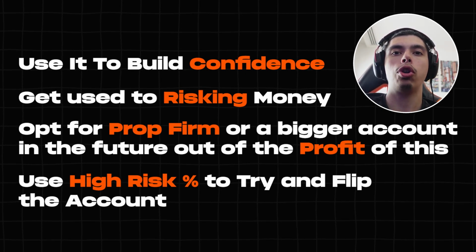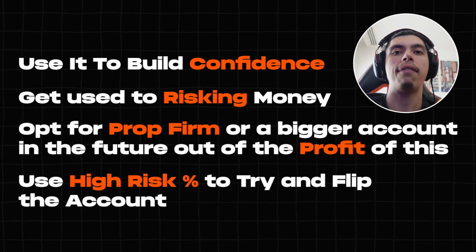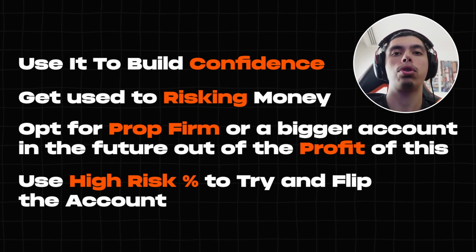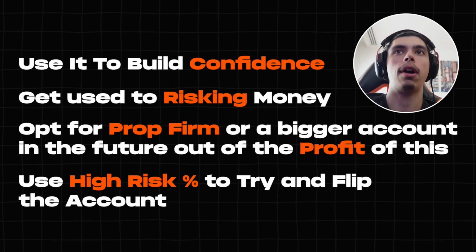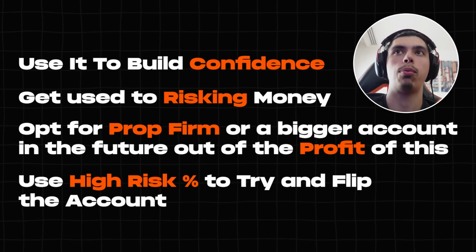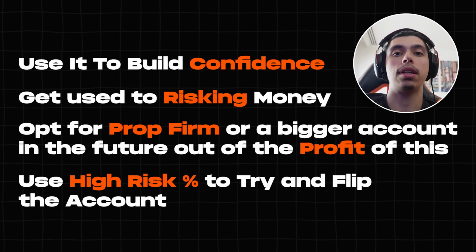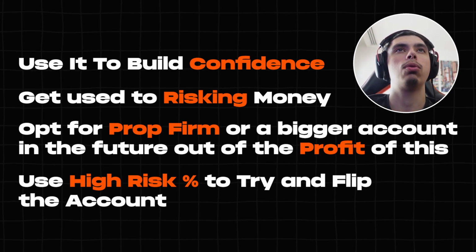Number three, you're going to be able to leverage this small account by proving yourself the skill in order to have access to higher capital, such as funded accounts, or to eventually, if you're earning, you can deposit more money into your own account, right? And number four is growth out of a small account, how you can leverage using high risk percentage to possibly somewhat flip the account. So that's the mindset going into a small account.